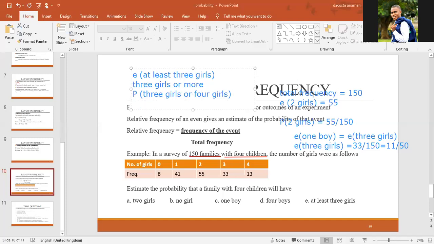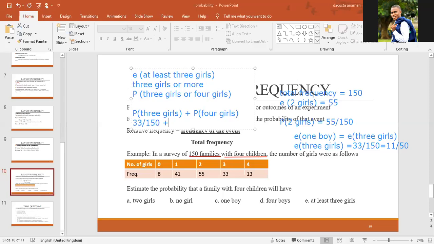And that will be the probability of having 3 girls plus the probability of having 4 girls, which will give us the probability of having 3 girls to be what? 33 over 150.